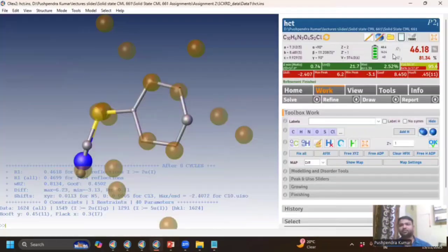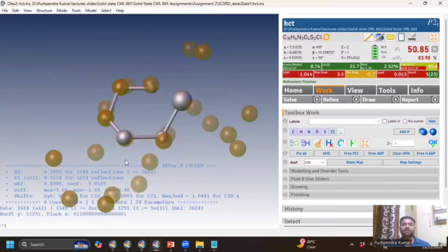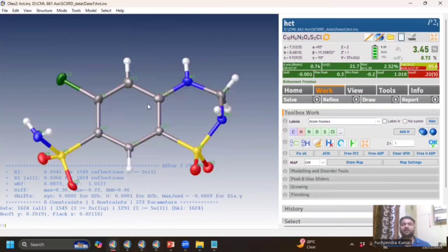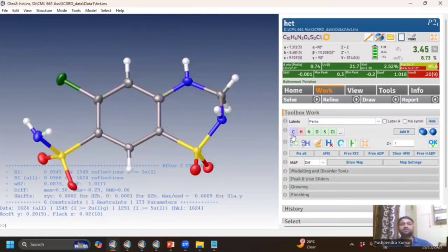As we go to the desired structure, this R factor value decreases, and for the correct structure, we can say that the R factor value should be less than 5%. Now, what other information do we get after solving this electron density map? We got the desired structure, and now we will see how we can get other information after solving this structure.